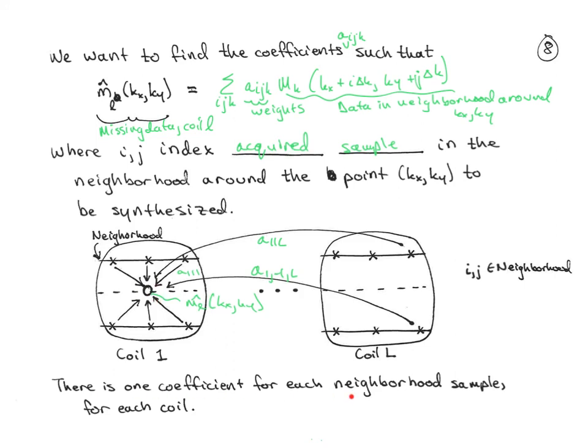So there's one coefficient for each neighborhood sample for each coil that we're going to apply to synthesize the data back for each coil.